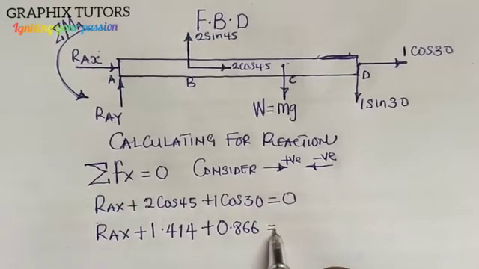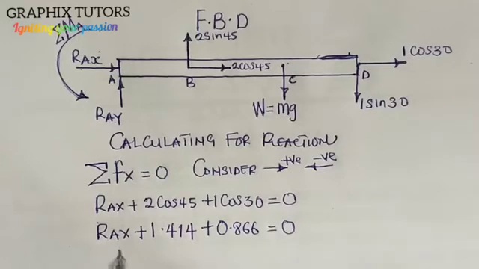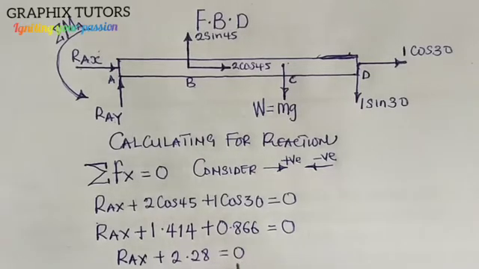This will give us equals to 0. Now when you add 1.414, you're going to be having my ROAX plus 2.28 equals to 0.